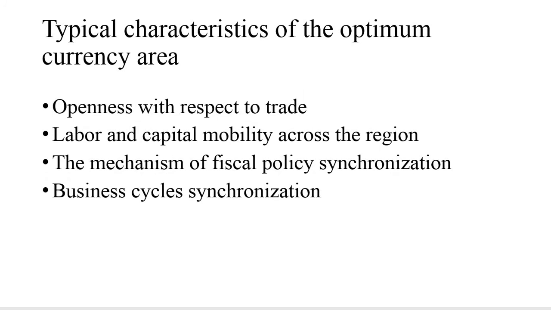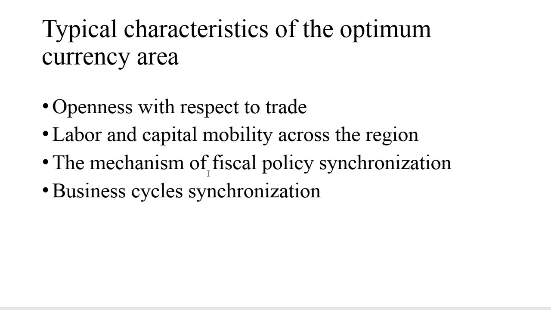So the most typical characteristics of an optimum currency area described in the literature are openness with respect to international trade, labor and capital mobility across the region, the mechanism of fiscal policy synchronization, and business cycle synchronization. I believe that those two are kind of intuitive.